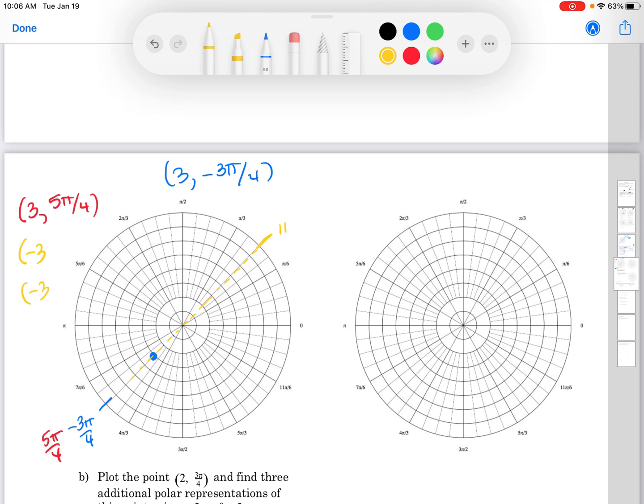So that angle could be pi over 4. Or that angle could be, let's see, if it was going to be negative, it could be negative 7 pi over 4. Okay, so now I have 3 different ways of writing that same point.